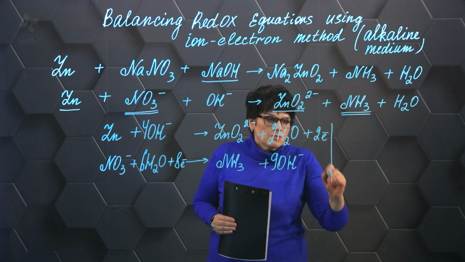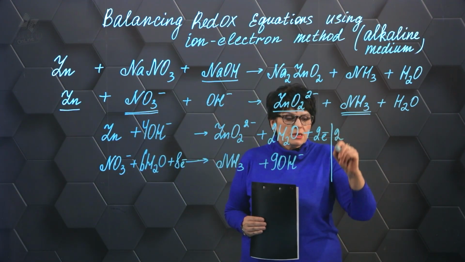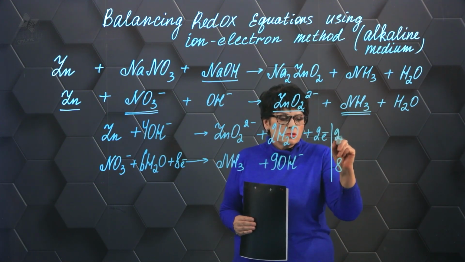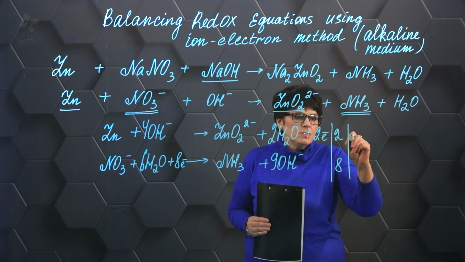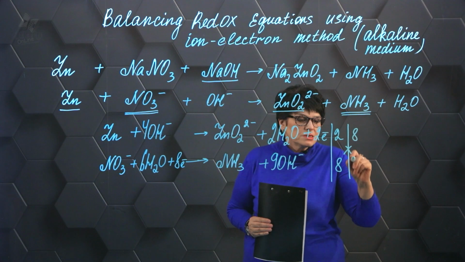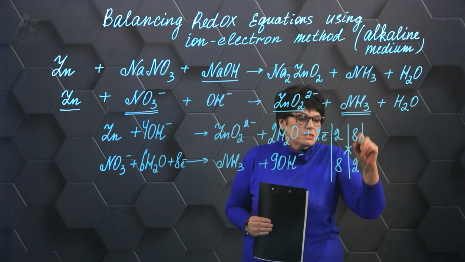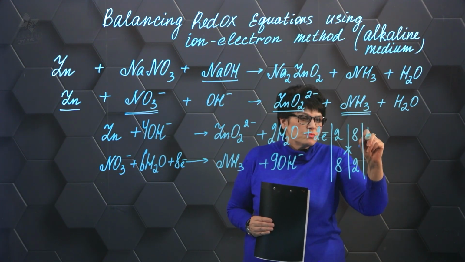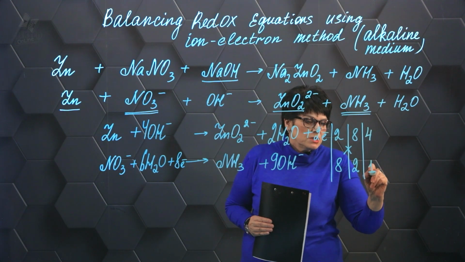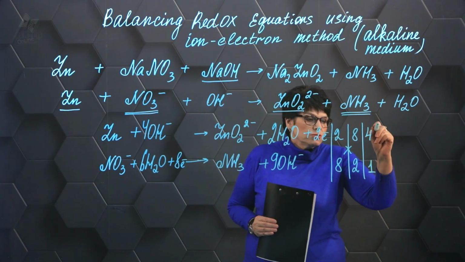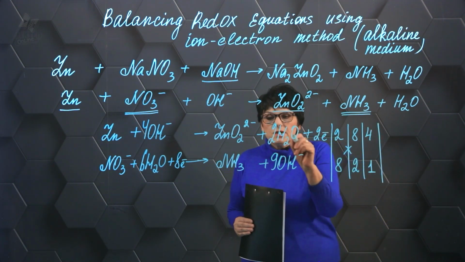The next step, we need to take the number of electrons we've found, 2, 8. So we swap them crosswise, 8, 2, and as they're reduced, we get 4 and 1. Next, we indicate what the zinc is in this reaction.